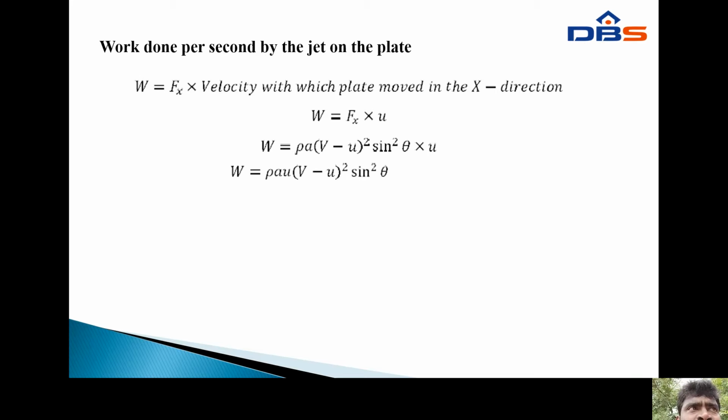Therefore, W equals F_x into u, which gives W equals rho a (v minus u) whole square sin square theta into u.